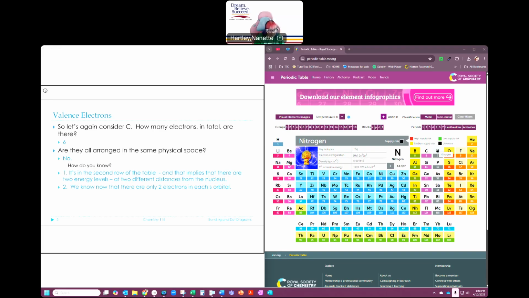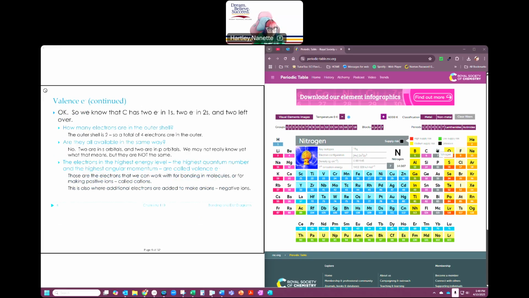So we know that they're not arranged in the same physical space. We've got 2 in the 1s, 2 in the 2s, and 2 in the 2p.